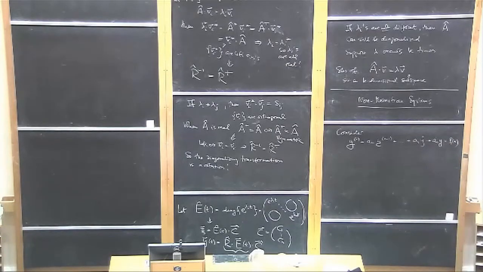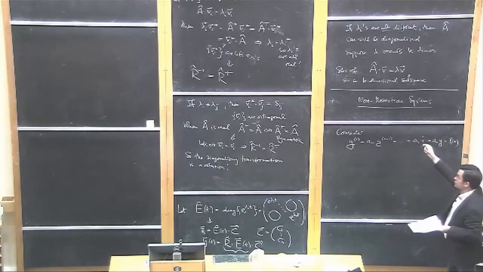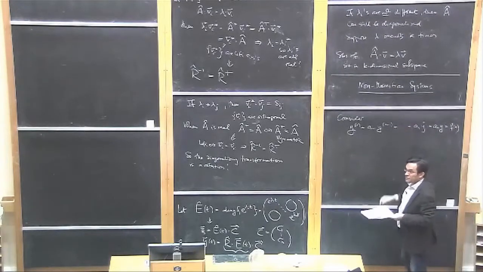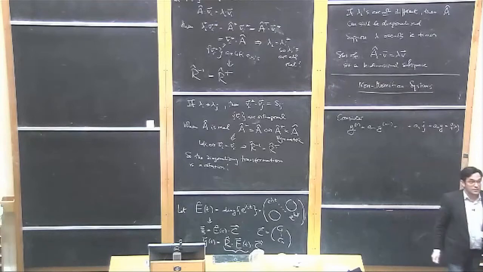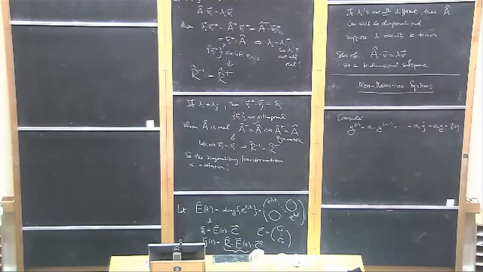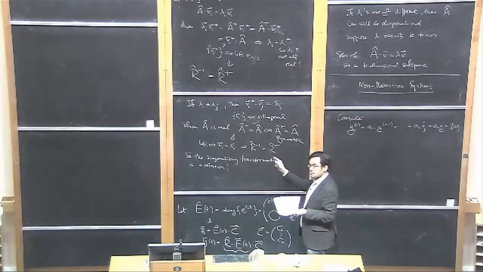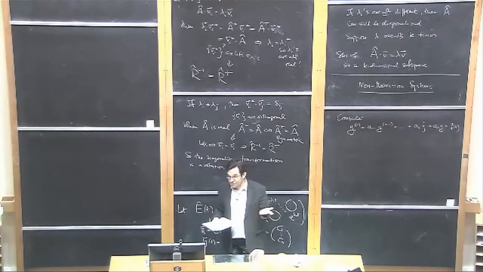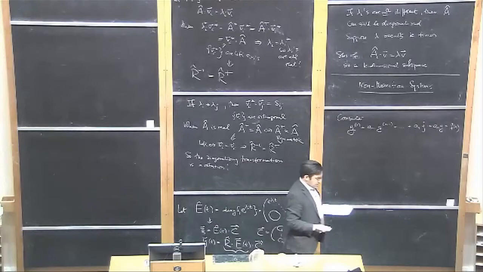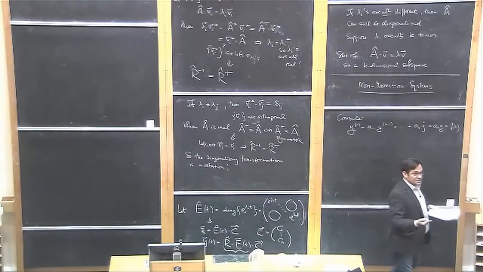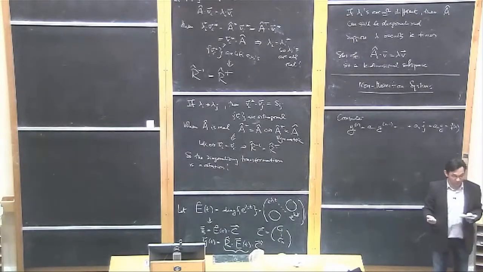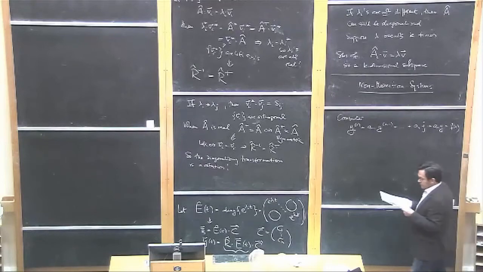Right, so that's just, for n equals 2, the equation on which we spent 2 hours last week. Right? So, how do I apply what I have just said to this equation? Well, I have to turn it into an n-dimensional system of equations. How do I do this?